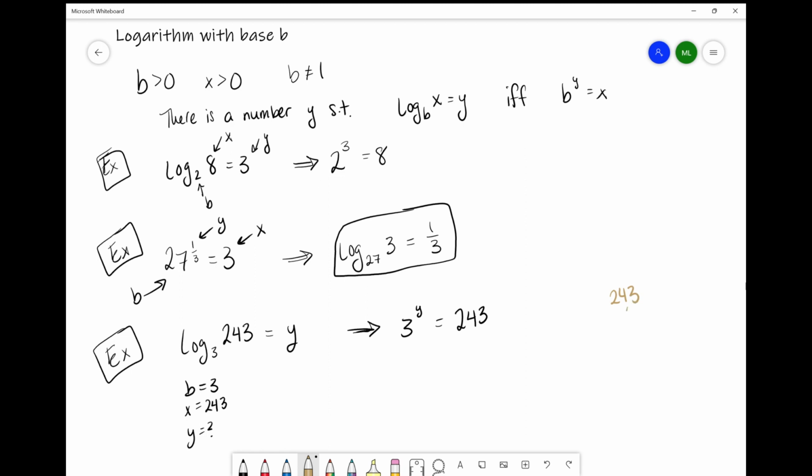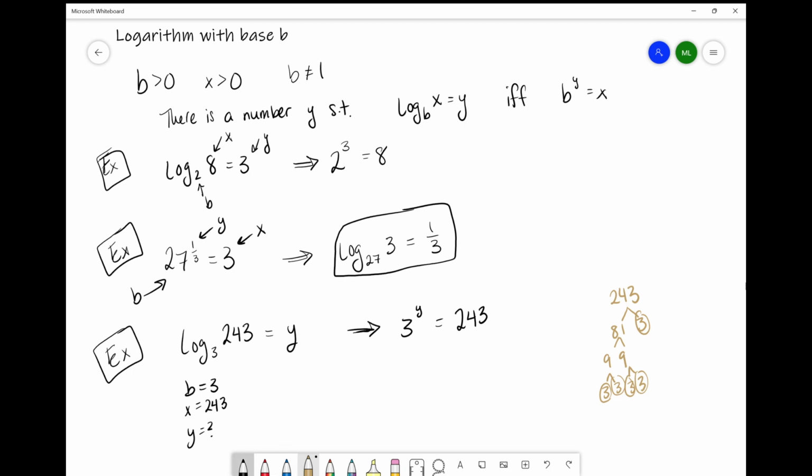So 243, you can make a prime factorization tree, or a factor tree of some sort. Well, 81 times 3, choose any two numbers. We already have a 3 that goes into 243. 81 is 9 times 9, and then each 9 breaks down into 3 and 3. So we have a total of 1, 2, 3, 4, 5 3's that go into 243.